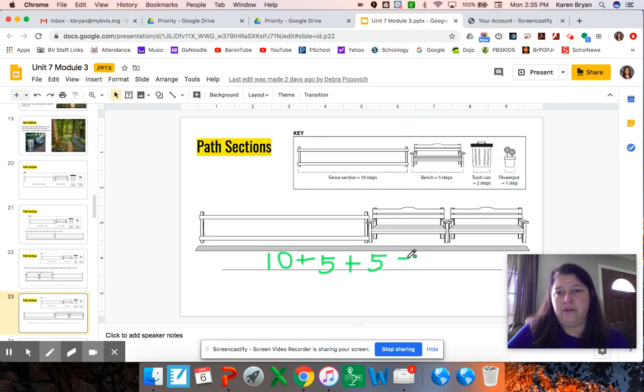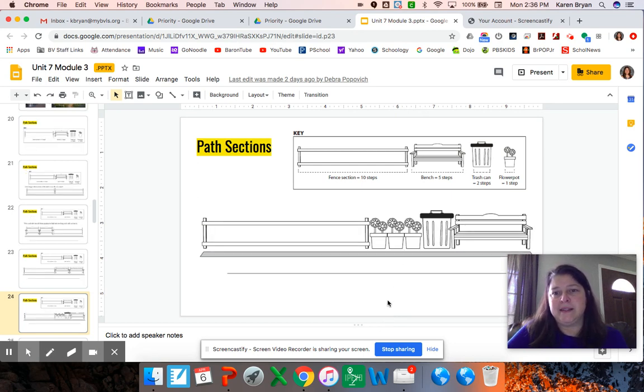Again, we have 3 add-ins in our equation. We want to look for a 10. We want to look for doubles. We want to look for something that will make it easier for us to add all 3 of the add-ins. So now I've changed it again to 10 plus 10, and our path section is 20 steps long.